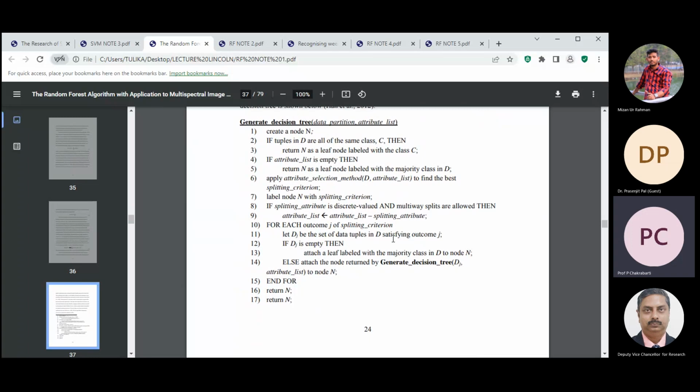Obviously, create a particular node, and I told you that when you create the node, you have to first find out a topology, that means a graphical structure. Suppose cauliflower, a simple example I'm giving, you have clicked a particular picture and it is the image of the cauliflower.